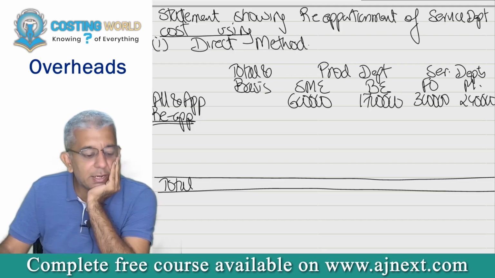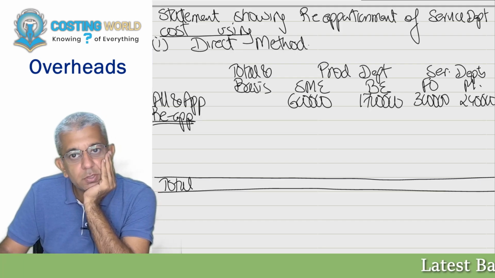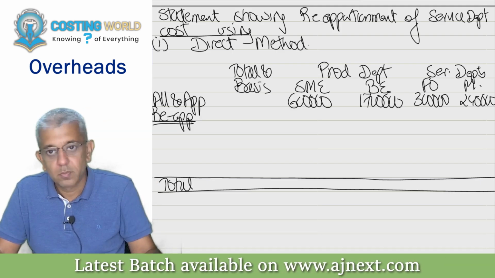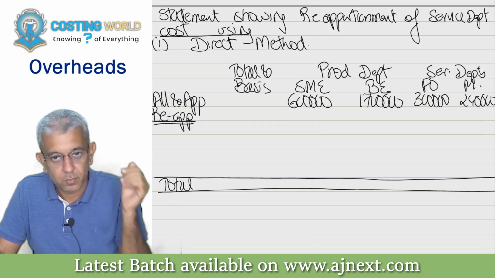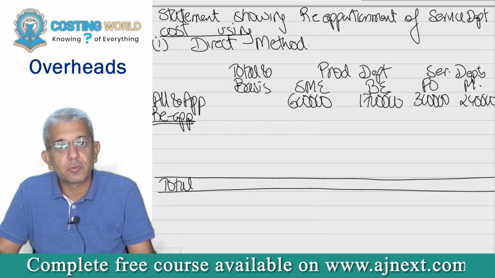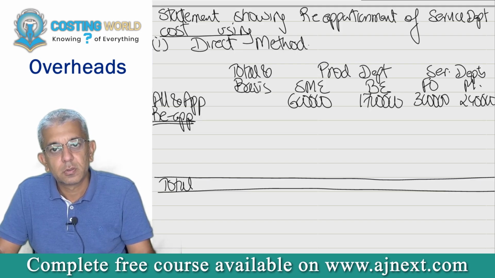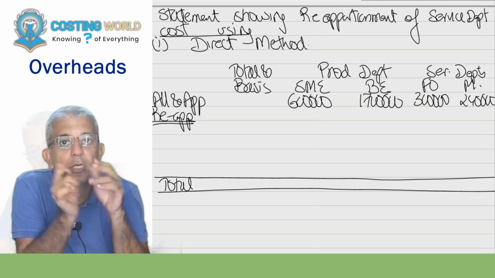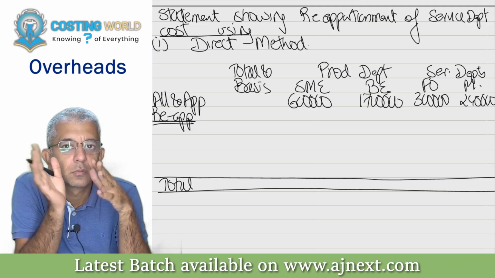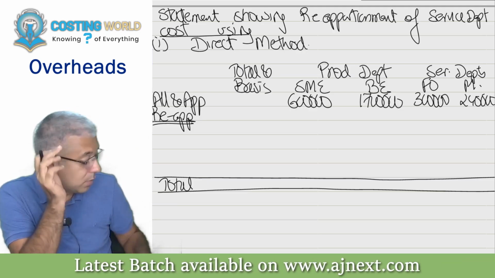I'll require a side for each of the 3 methods. Done 3 times, everybody? Take a minute more, complete please.